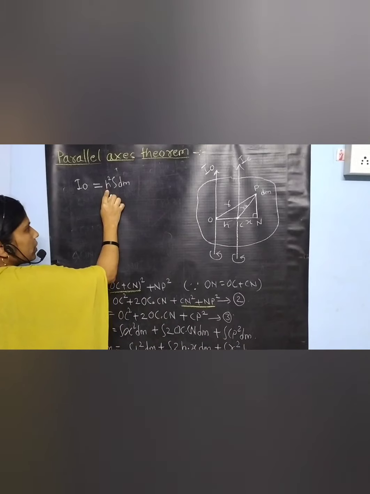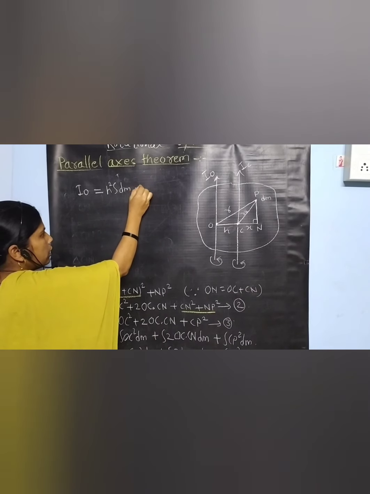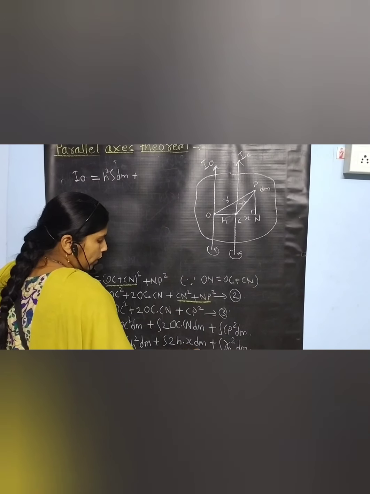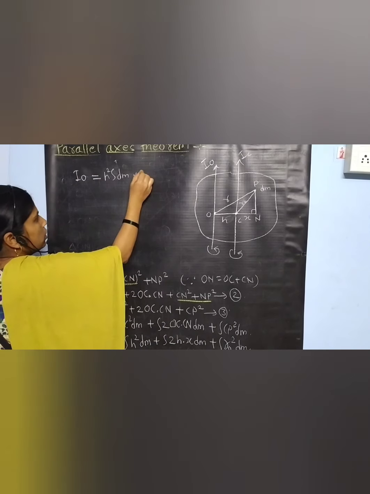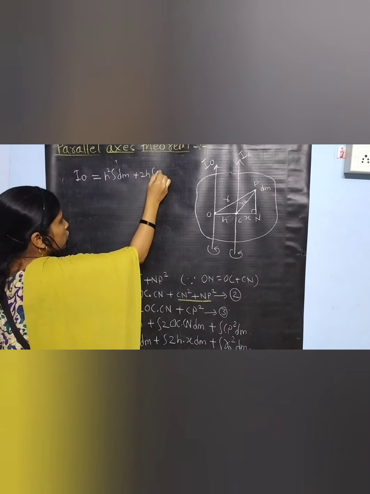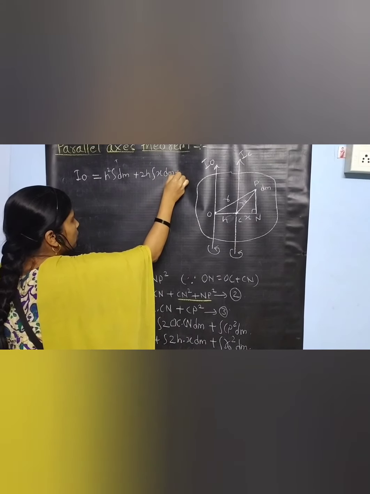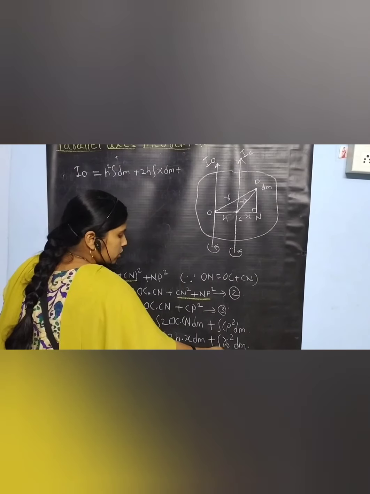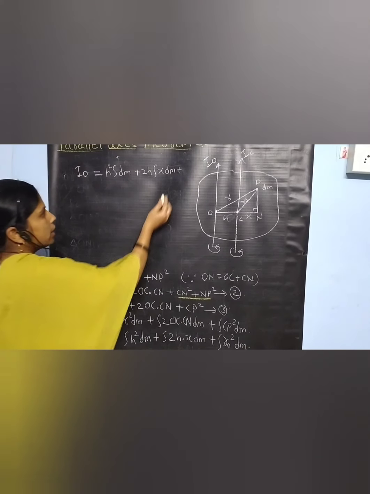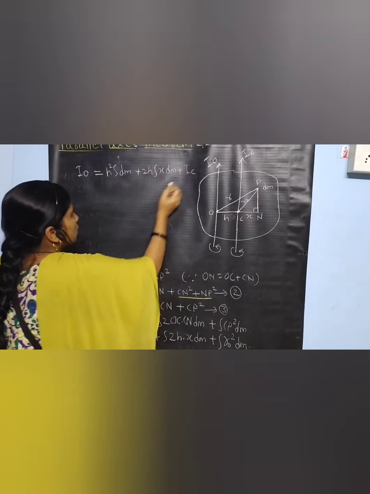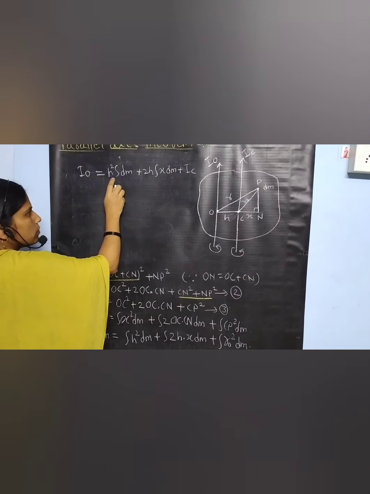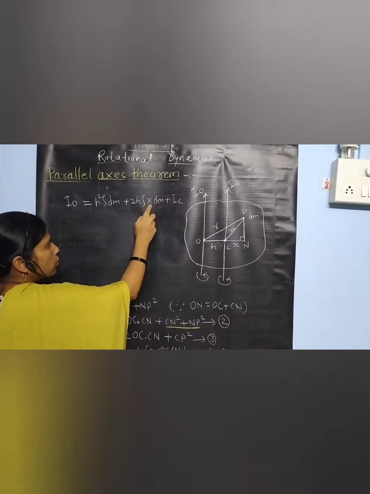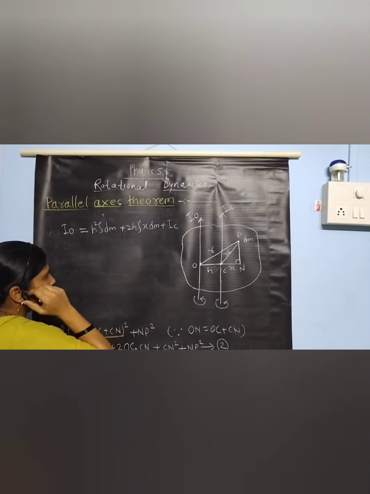We get H square into integration of dm plus 2H into integration of x dm, where 2H is a constant, plus integration of R0 square dm, which is nothing but IC. Therefore, IO is equal to H square into integration of dm plus 2H into integration of x dm plus IC.